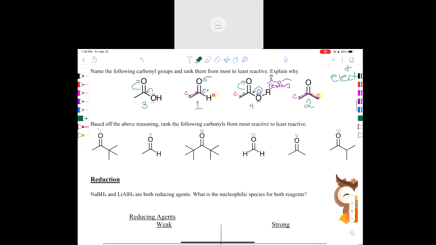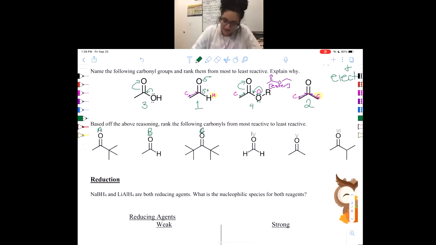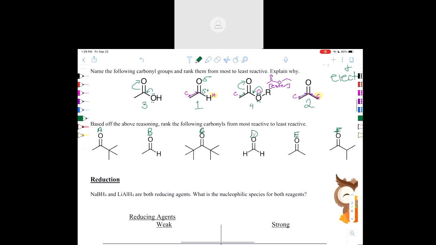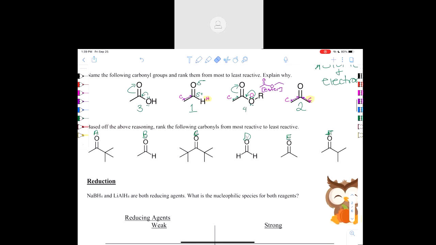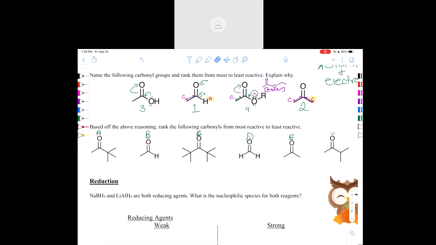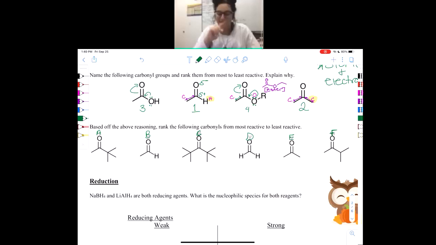Let me actually do it like this because the numbers are kind of confusing. Okay, so I presume the first one would be the one with the 2 hydrogens. The second one would be the one with the 1 hydrogen, and then the rest is all steric hindrance. So the third one would be the ketone.